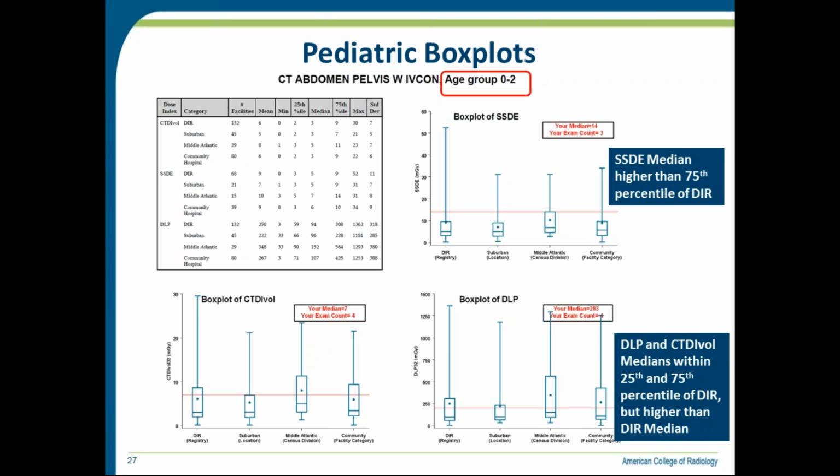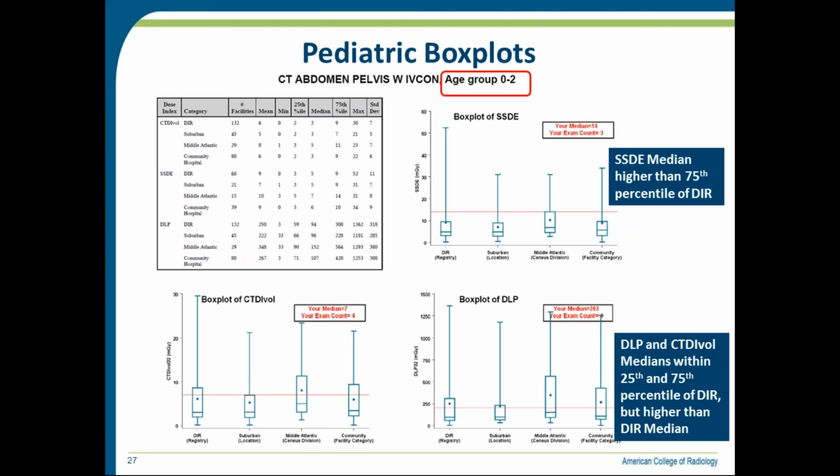What we see for the DLP and CTDI, we can see that the medians for this facility are between the 25th and 75th. So the median actually cuts across the boxes, even though, with respect to the DIR median, it is higher, right?